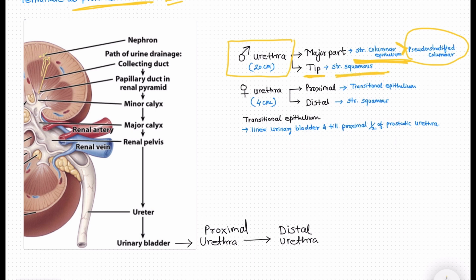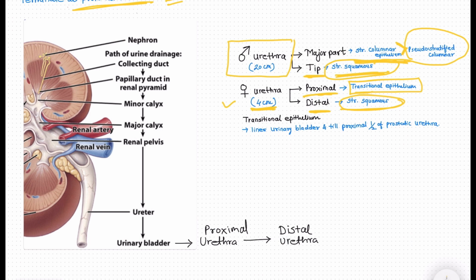In females, the urethra is only 4 centimeter long and its proximal part is lined by transitional epithelium, and the distal part is lined by stratified squamous epithelium. So remember, in both males and females, the distal part of the urethra is lined by stratified squamous epithelium.